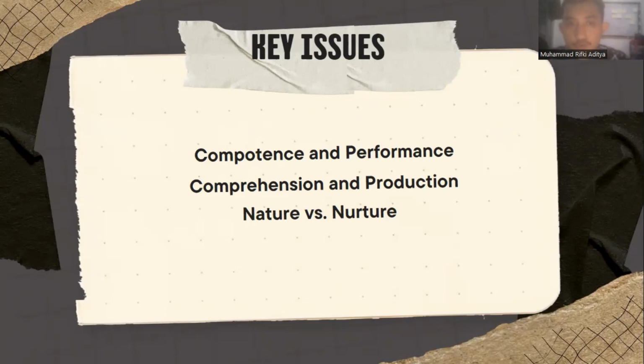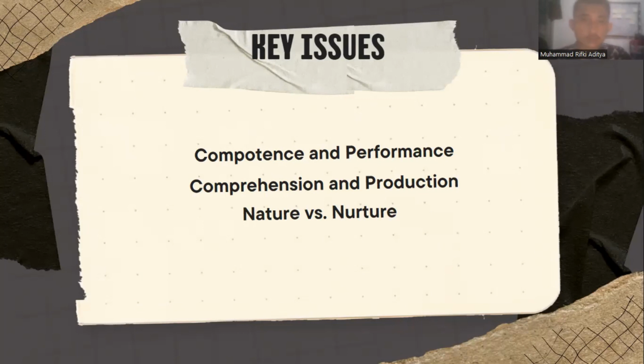The competence and performance distinction refers to the difference between a person's knowledge of language and their ability to use this knowledge in actual communication. And the next one is comprehension and production.